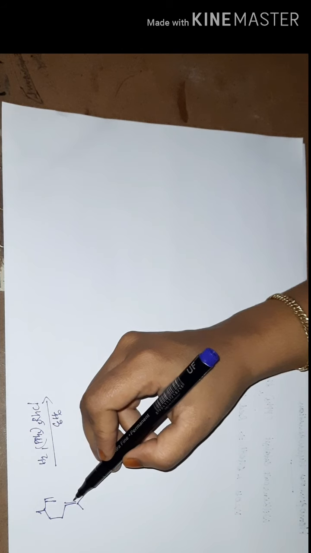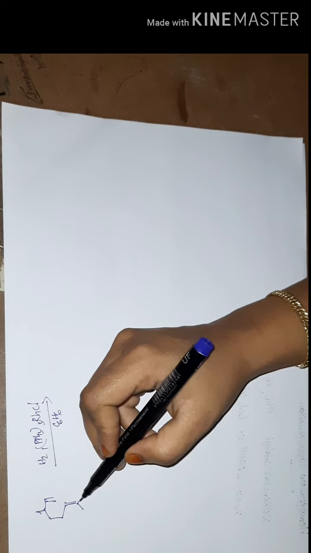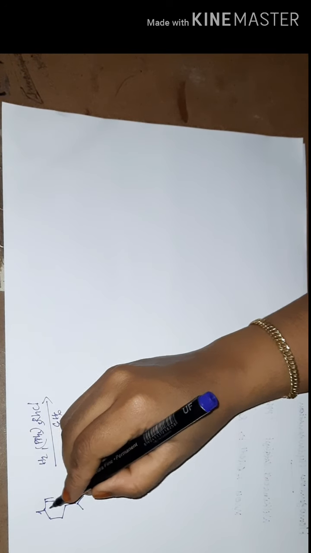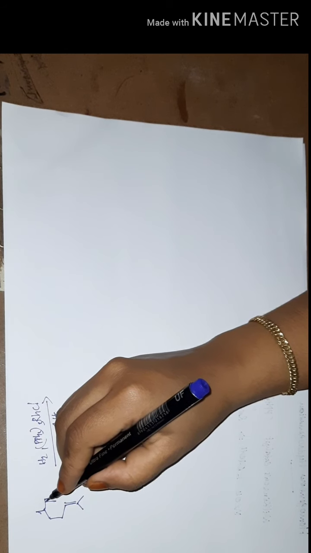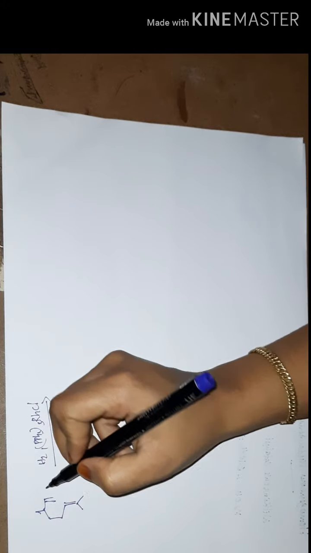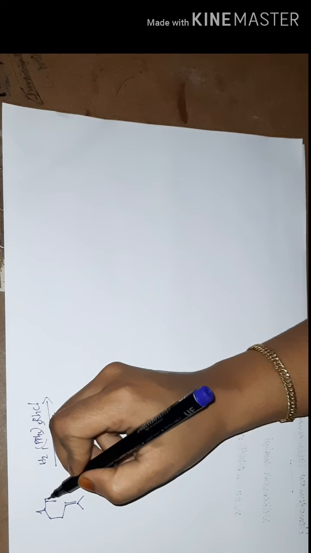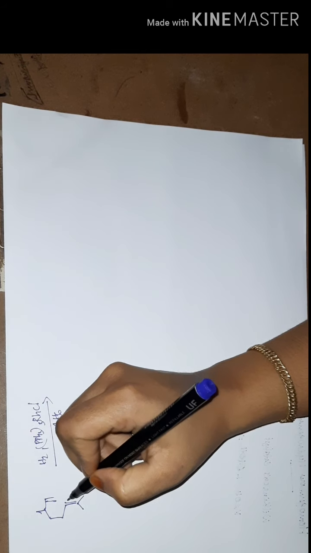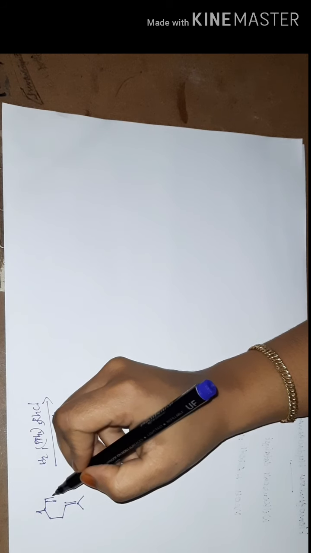Here we can see that two C=C double bonded groups are there. At this position, the double bond is substituted with only one substituent, but at this other unsaturated position there are three substituents.